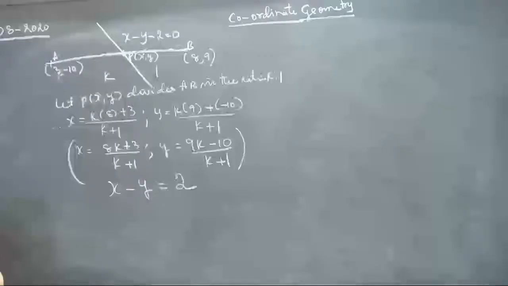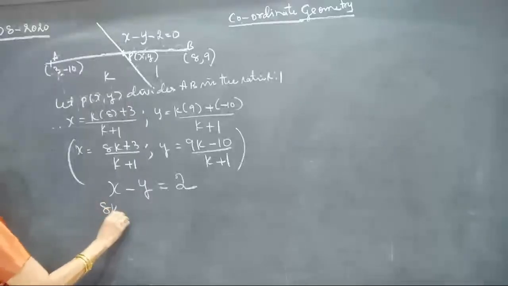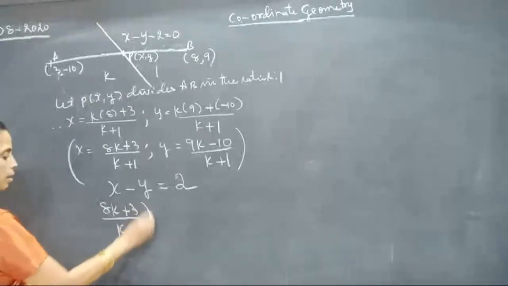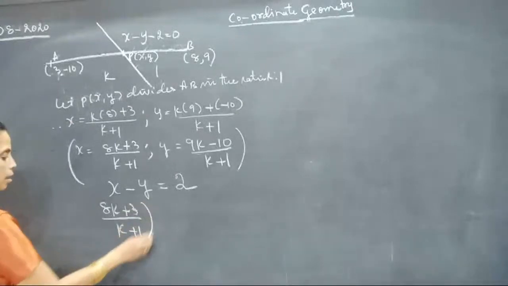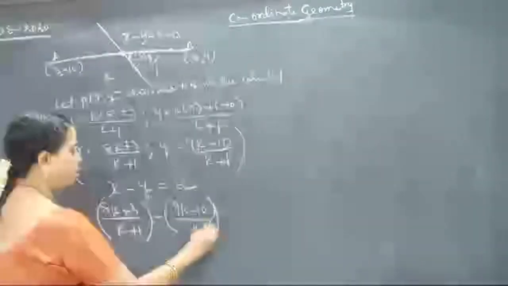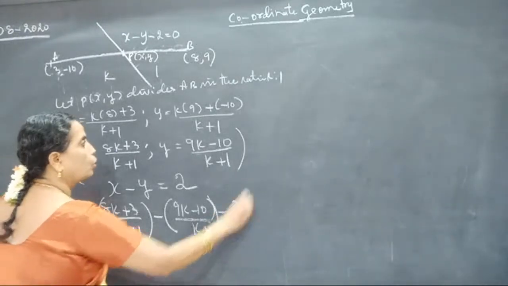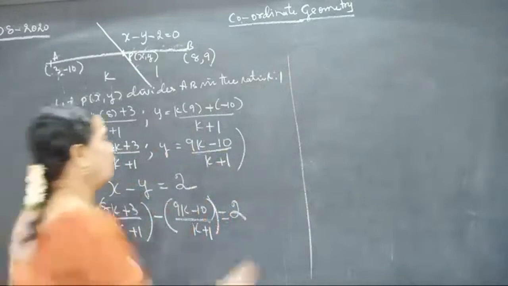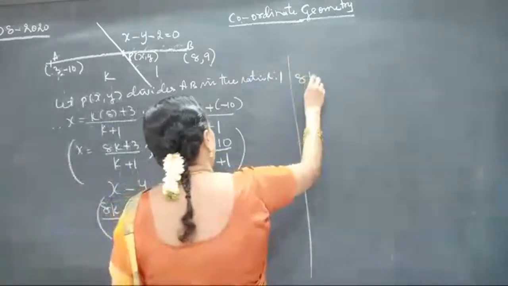Where x is 8k plus 3 by k plus 1 minus 9k minus 10 by k plus 1 equals 2. Now cross multiplying, what will we get?